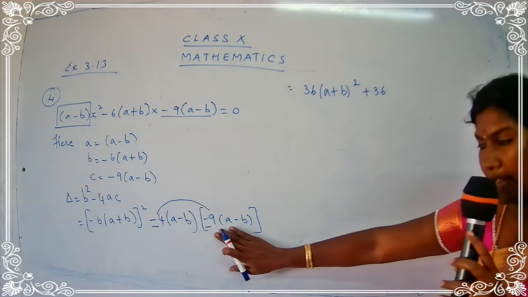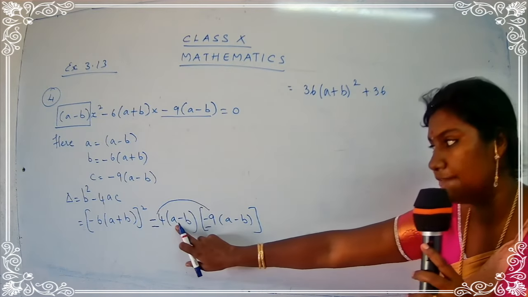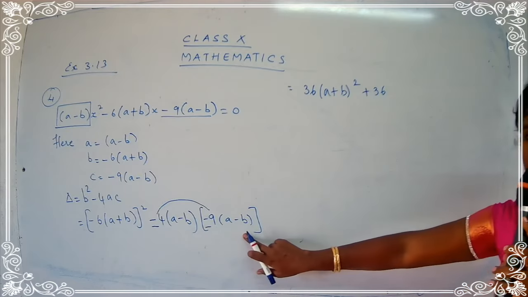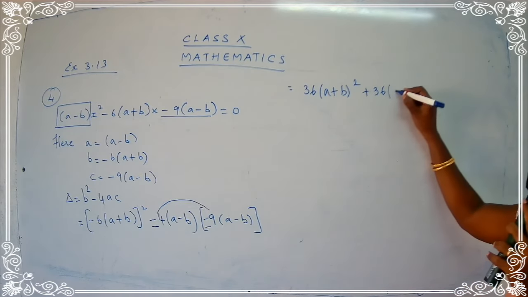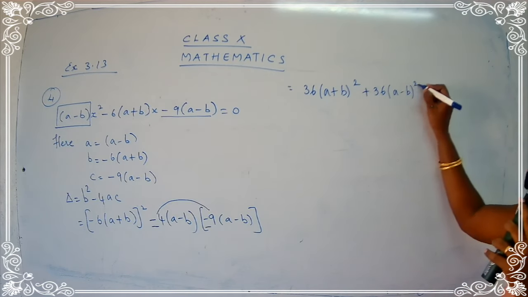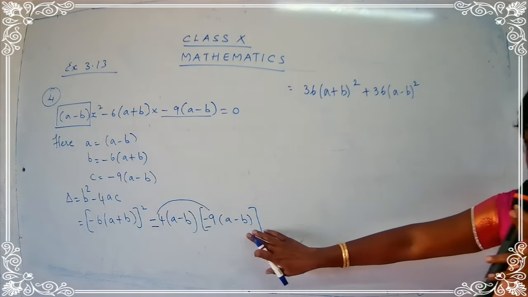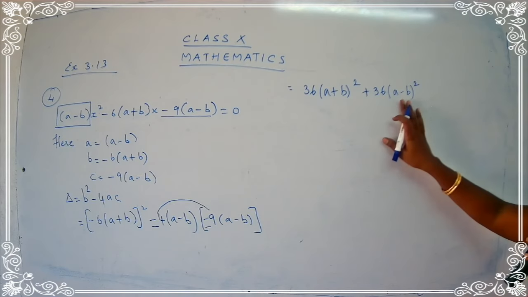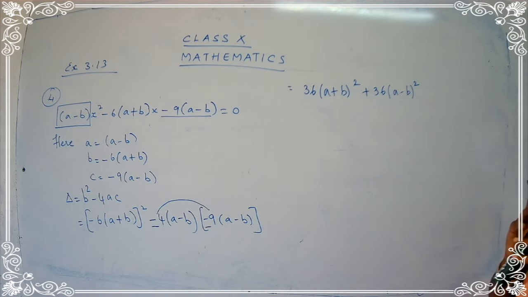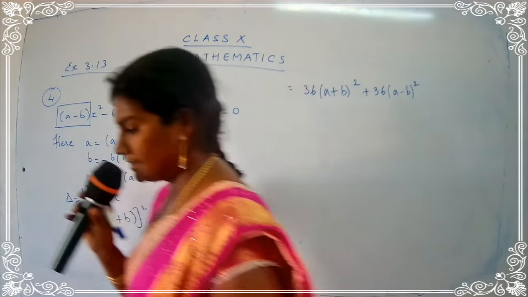And 4 into 9 is 36. What is left here? A minus b, a minus b. Yes. So we get here a minus b the whole square. You clear, children? So we have 2 times a minus b, a minus b. So I have just taken it as a minus b the whole square. Are you clear? Okay. Now let's continue with the next step.